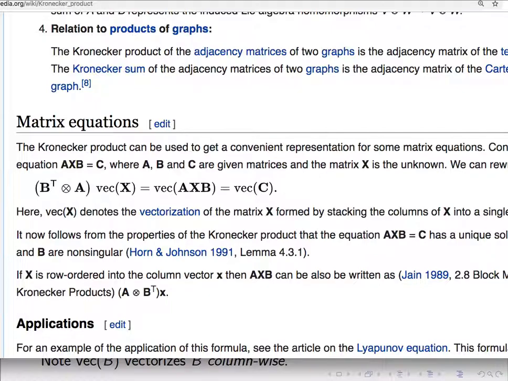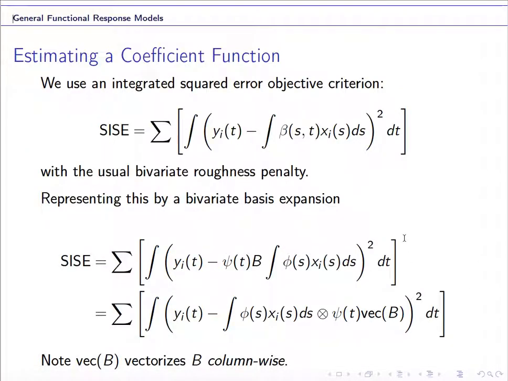Okay. So now let's go back to our criterion. So you see here we have this, actually also the vector multiplied by matrix B multiplied by this another vector, right?